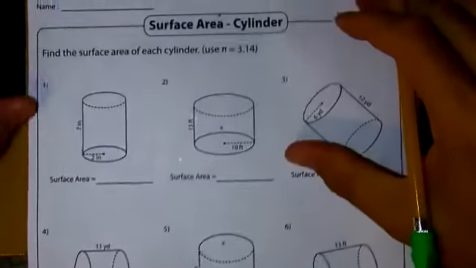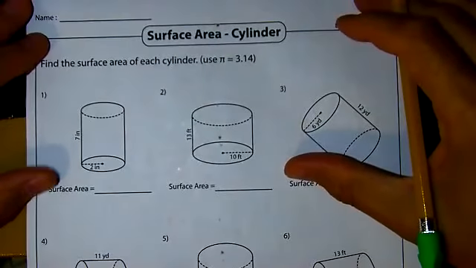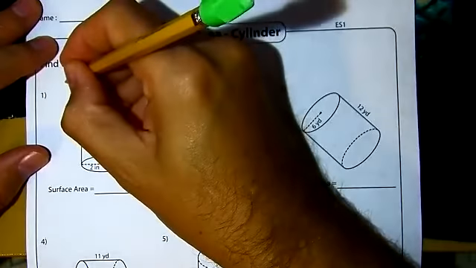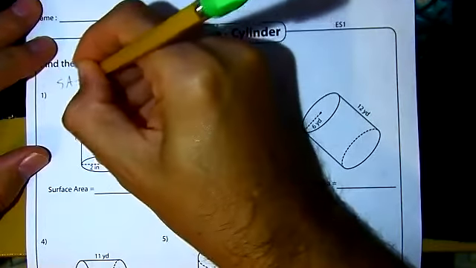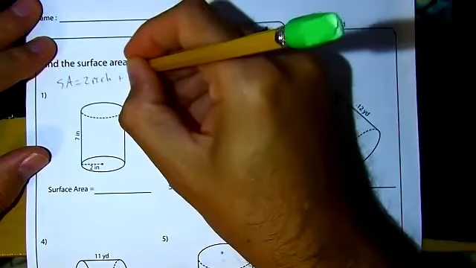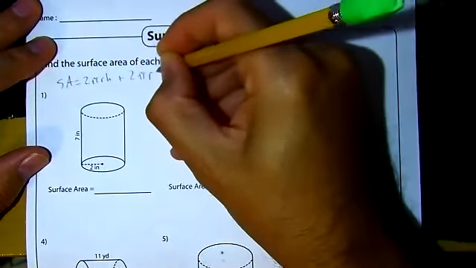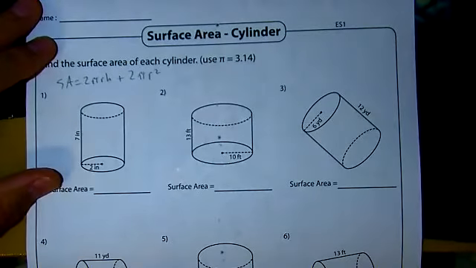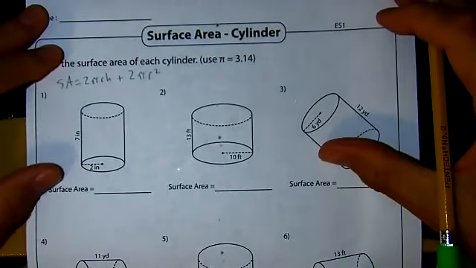Surface area of a cylinder. So same measurements on a cylinder, but our formula is 2 pi rh plus 2 pi r squared. And I don't have these memorized. I'm just looking at the formula sheet like you need to do on the GED.